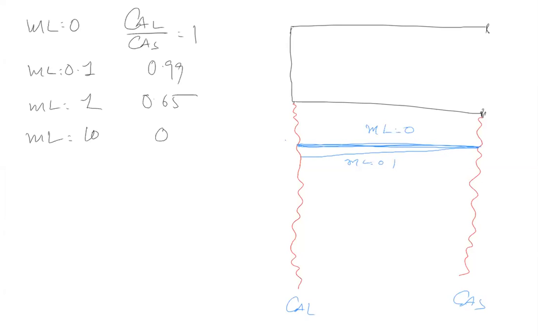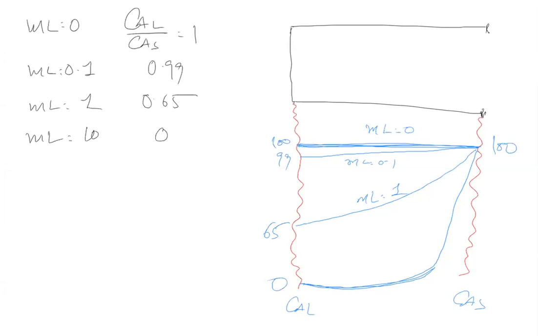Let's say I start with 100 Cas, then this is 100 exactly. This is, let's say, 99. Then this is how the concentration profile looks. Let's say this is 65 when ml is equal to 1. And then this is almost equal to 0 when ml is large, the concentration profile is 0.